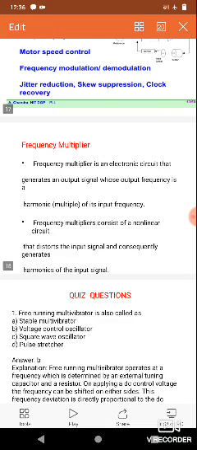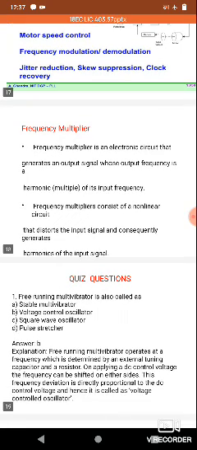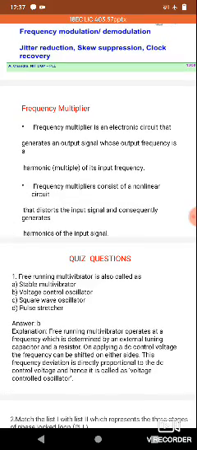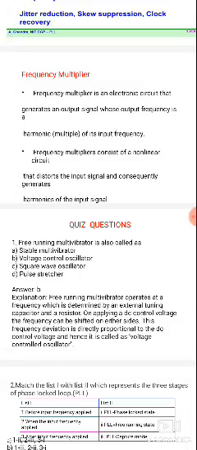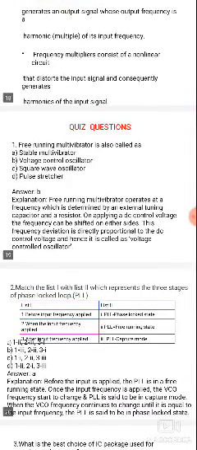So this is the frequency multiplier. It is an electronic circuit whose output is the harmonics or multiples of the incoming signal frequency. So the output frequency is equal to harmonics of the incoming signal frequency.